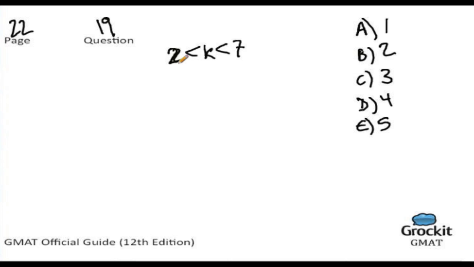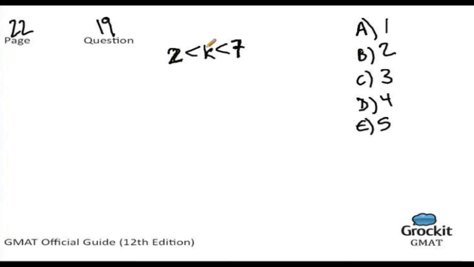Any one side of the triangle has to be greater than the difference of the other two sides, and less than the sum of the other two sides. So whatever k is, since k is less than 7, 7 needs to be greater than the difference of k and 2. Well, it's going to be. It's the greatest of all three of these numbers. But it also has to be less than the sum of k and 2.